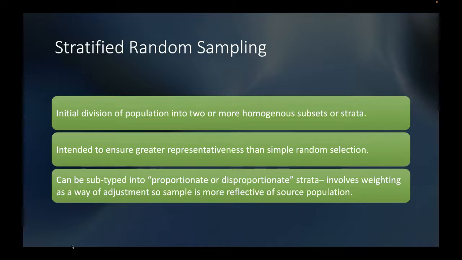So if you're getting something from a group that's made up of 90% men, 10% women, and your sample is 90% men, 10% women, that is a proportionate sample. But if you decide that your sample won't have those percentages, but will still differentiate people by gender, having men and women, but you won't mathematically determine it, that becomes disproportionate strata.